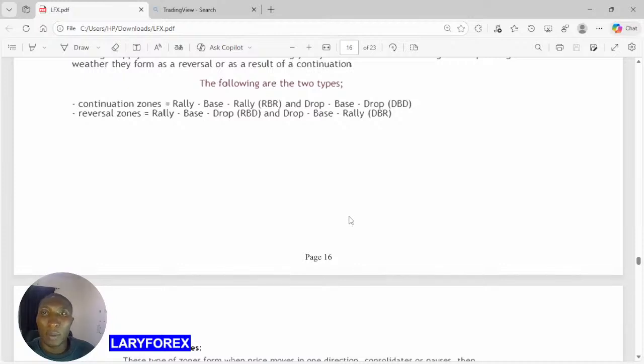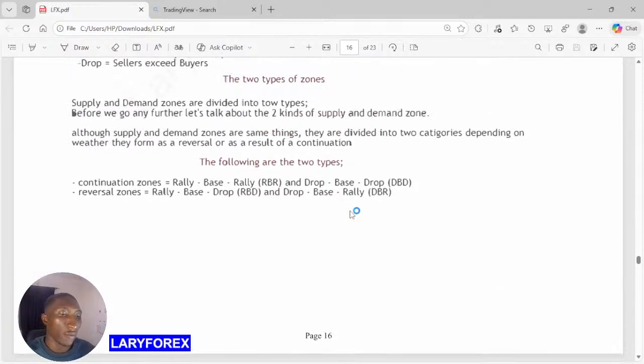So we were talking about supply and demand levels yesterday. We say that we have two types of zones when it comes to supply and demand: continuation zones and reversal zones.